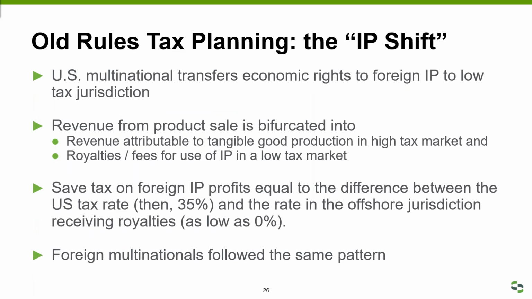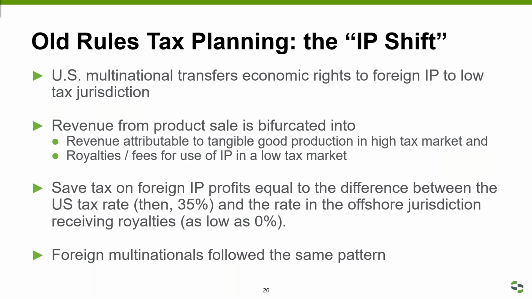I think the important thing on the next slide is thinking about the old rules. What were the old rules in tax planning? In the U.S., certainly from 1986 on for the last 30, 40 years, but really since '62 in the Kennedy administration, tax planning when it came to IP planning was move it offshore.